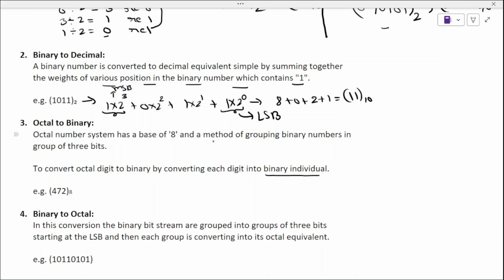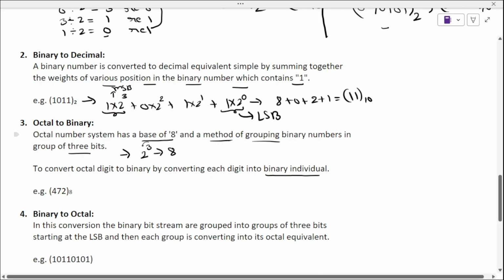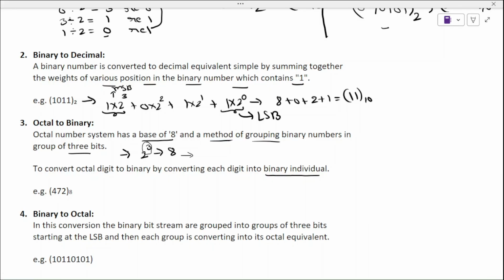We will use the method of grouping binary numbers in groups of 3 bits. Why 3 bits? Because in the octal number system the base is 8, and in the binary number system the base is 2, and 2 to the power 3 is 8. That's why we use the 3-bit grouping method to convert octal to binary or binary to octal.